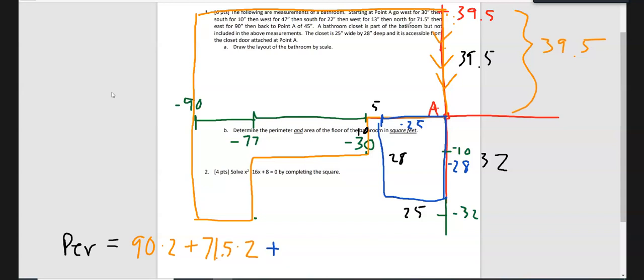We do have to figure out the bathroom closet. The closet's got 2 28s and 1 25. Now, why only 1 25? Because the top part of that blue rectangle is actually attached to the orange wall, and we've already counted it. We already counted that. Okay. So that makes sense. This is what I'm assuming we're going to have. 90 times 2 plus 71.5 times 2.